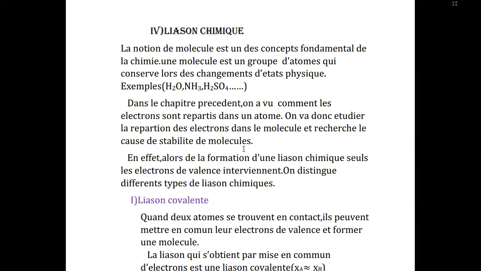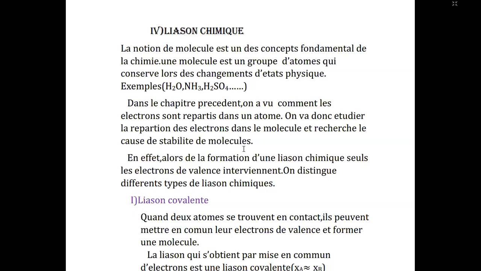So each atom has different ways. It's different if I get carbon. Carbon has 6 protons or 6 electrons, which gives me the configuration 1s2, 2s2, and 2p2. So the first shell 1s2 is complete, 2s2 and 2p2.